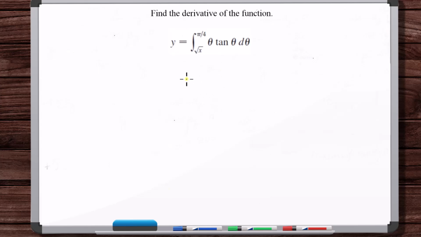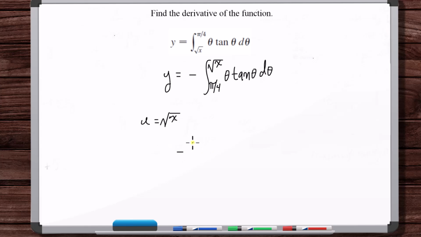Okay. So let's try and get this as close to the form of the fundamental theorem as possible. So y is equal to, we put the minus sign out front and flip the limits of integration. Now we'll say that u is equal to the square root of x.